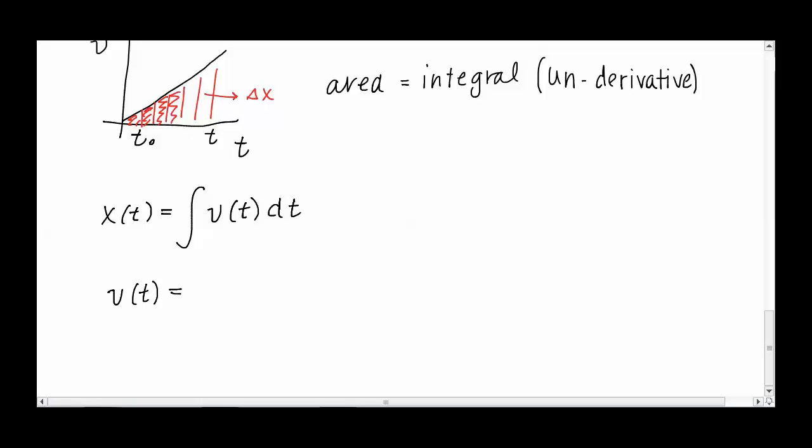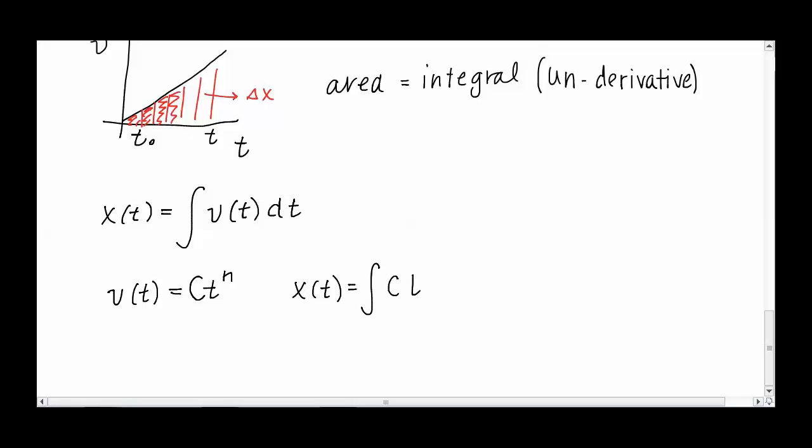All right, so let's take, for example, a velocity time function, and let's say that it is c t to the n. We're going to set up the general function here, and we'll use c as the constant in front. So that would be like 2t to the 4 or something.